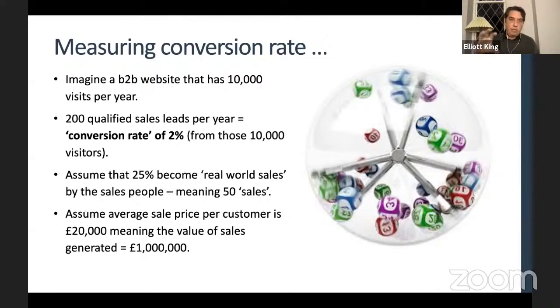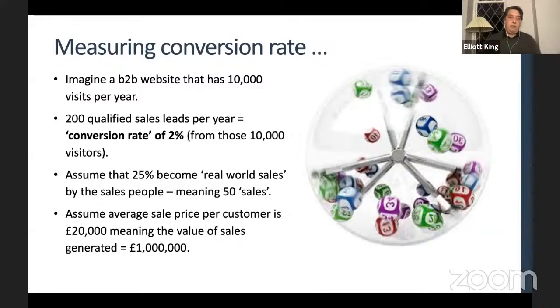From those 10,000 visits, we know from our CRM, our customer relationship management system, that we get about 200 qualified leads that come off an inquiry form from the website. 200 as a percentage of 10,000 is 2%. So we could talk about our website converting at 2%.